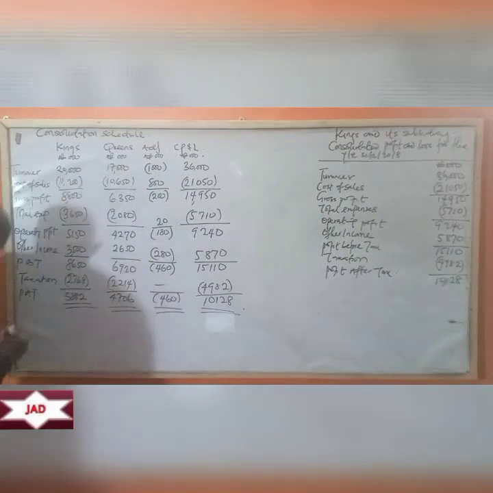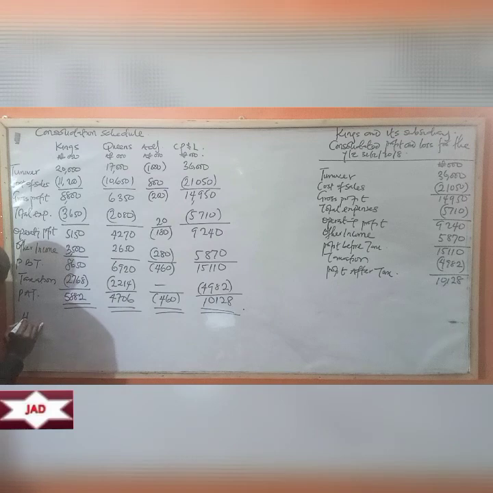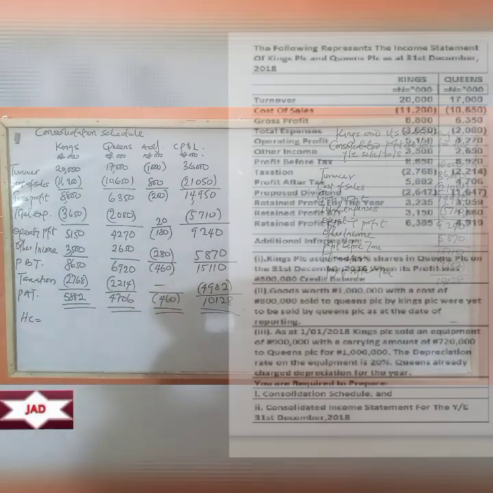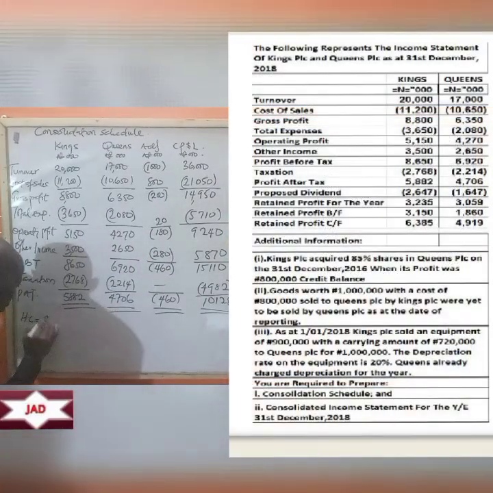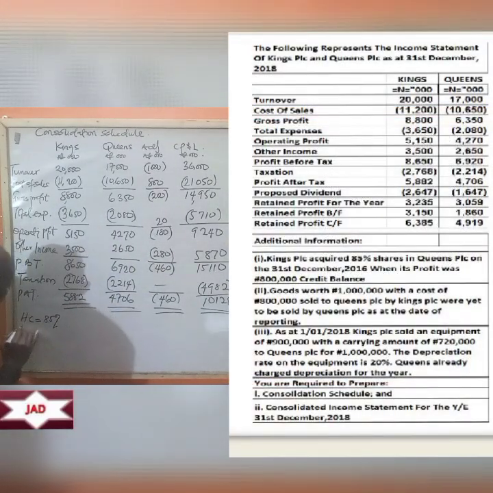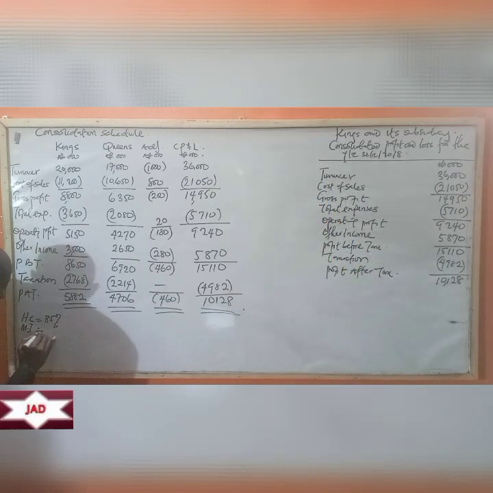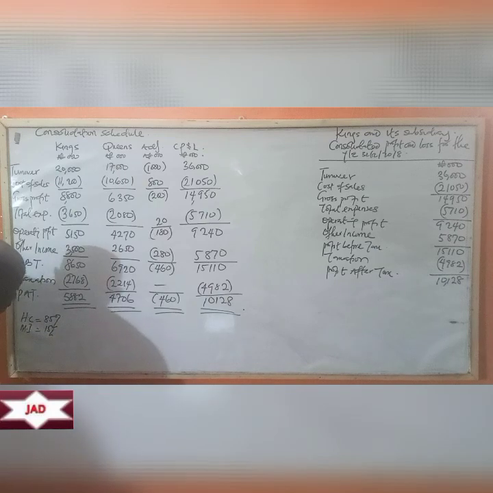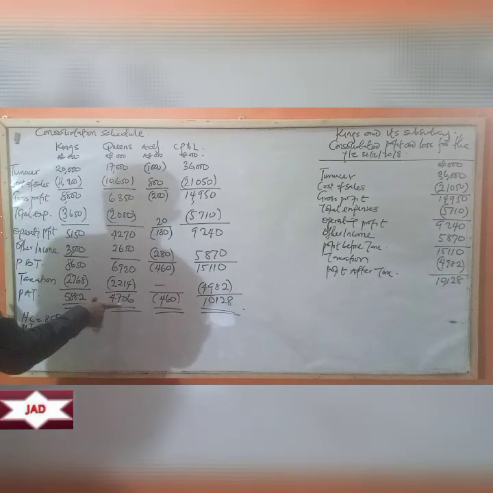We have holding company, which is Kings, to be what? 85%. Minority interest to be, what's that now? 15%. Okay, so of course you have the profit after tax here.